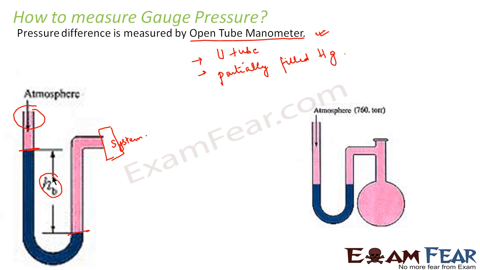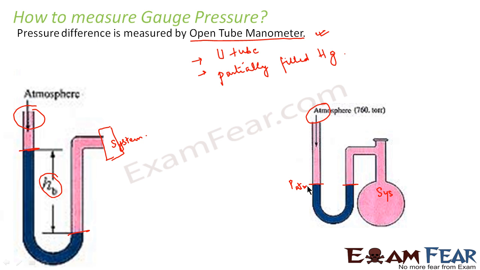Now let us consider a special scenario. Let us suppose that the level of the mercury column is the same in both sides of the U-tube. See, in this case, this is our system and this is the atmosphere, right? Now, if the level is same on both the sides, what does that signify? This signifies that this level is due to atmospheric pressure.